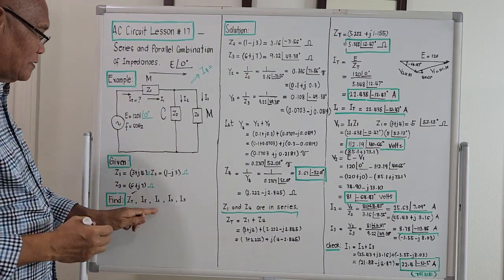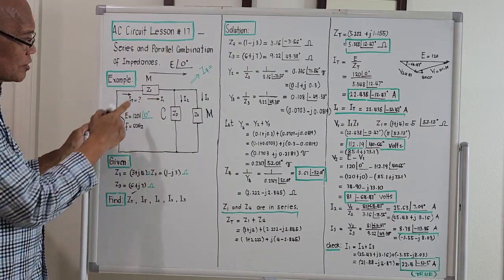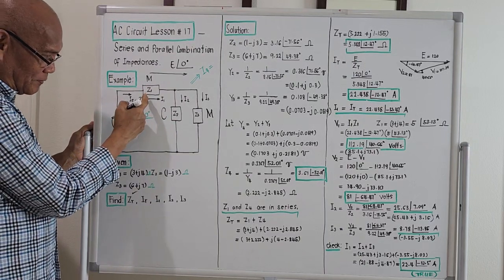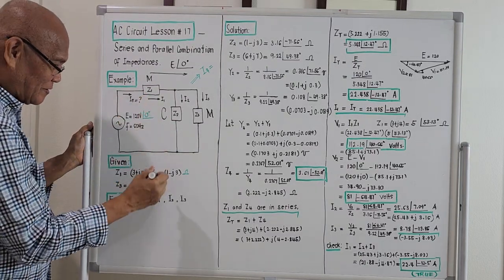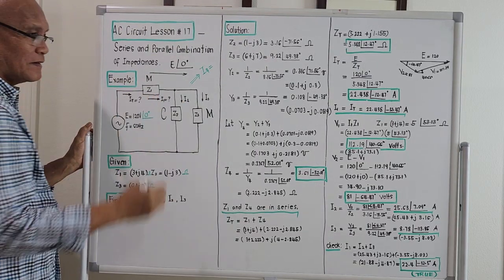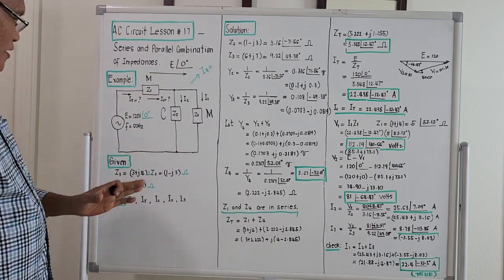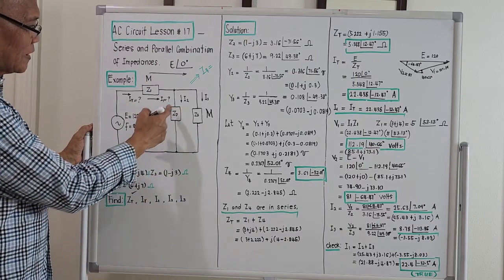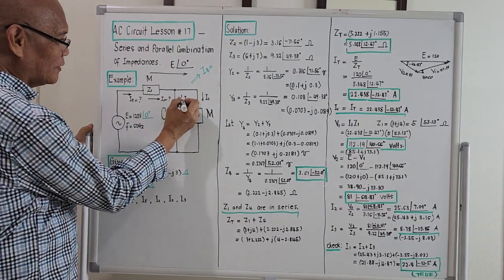Next one, what will be the current passing through Z1? I am asking for I1. Next one, I2, the current passing through Z2. What will be I2?